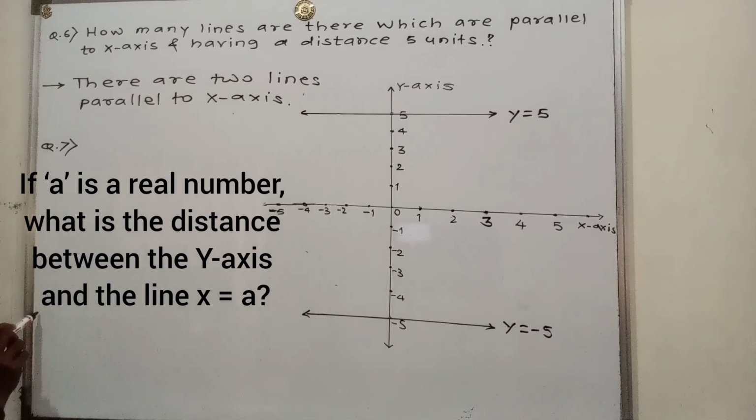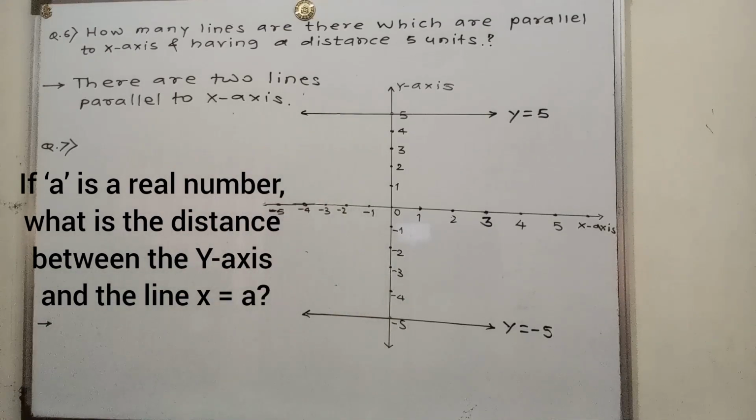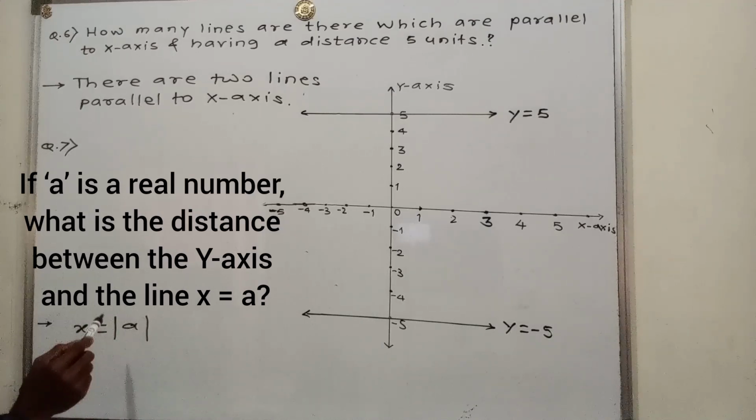Therefore, x is equal to absolute sign A. These vertical lines, that is we say mod or absolute sign.